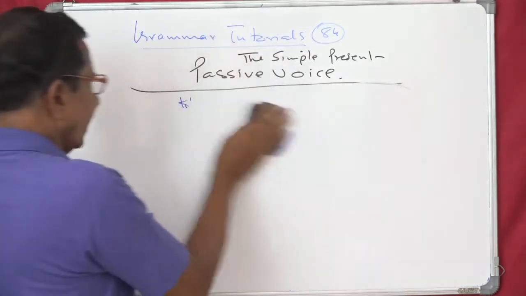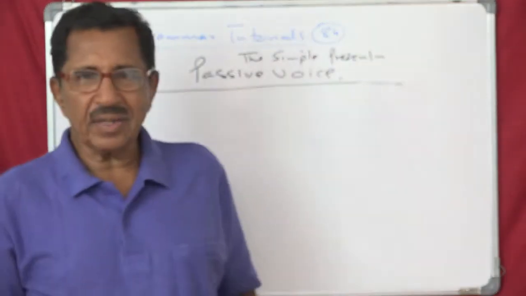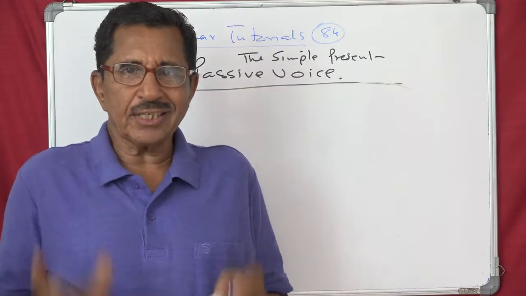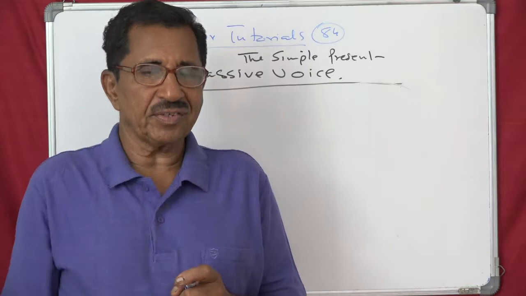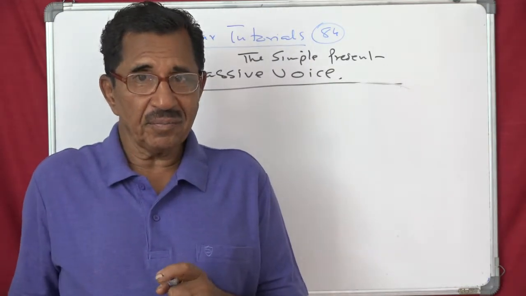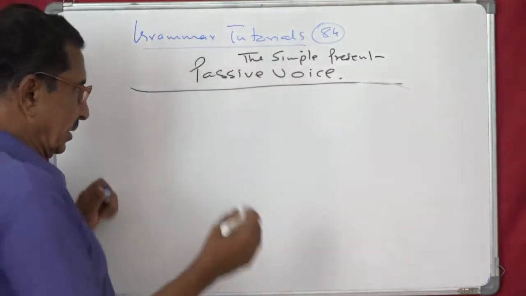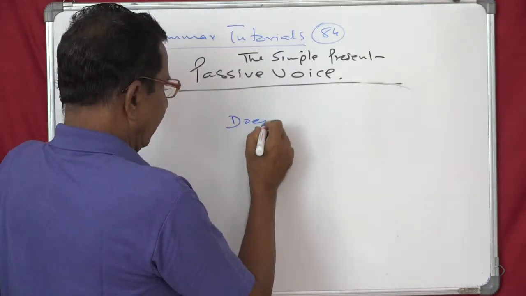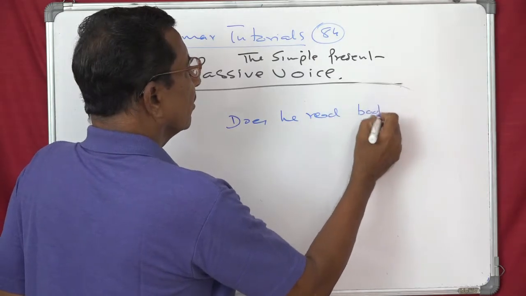Okay. Now this is very simple. But the problem here is that when you get questions, what will you do? As I told you, questions you should simplify first. But how to simplify? Make them turn into a statement. That's it. See, for example, we said, does he read books?